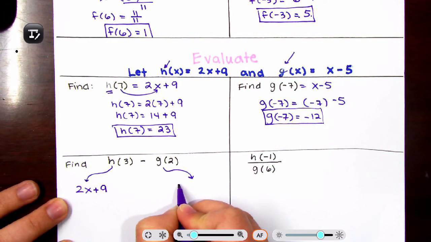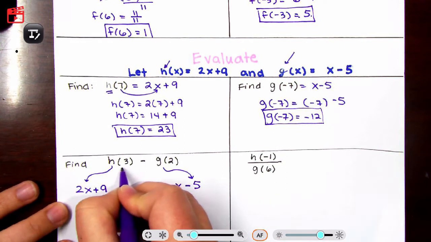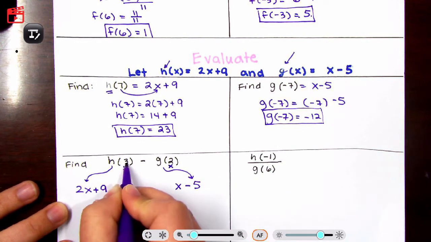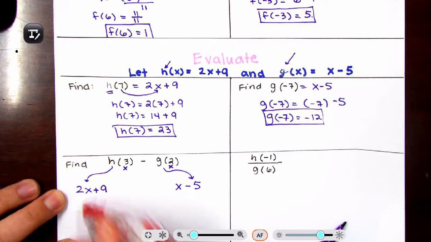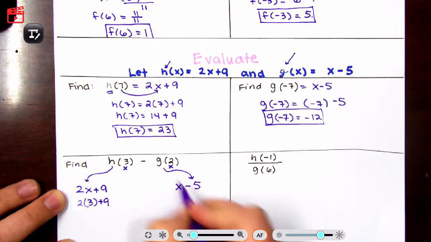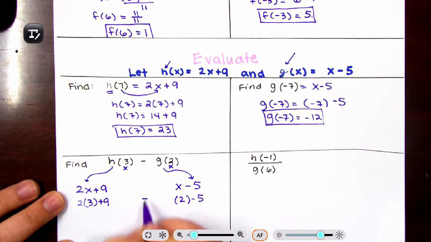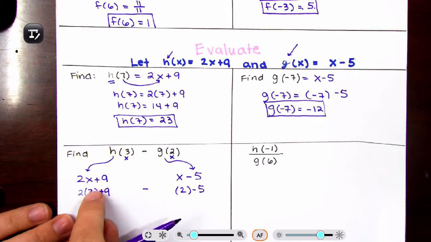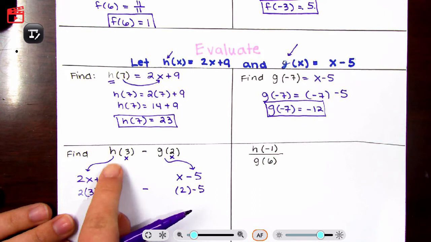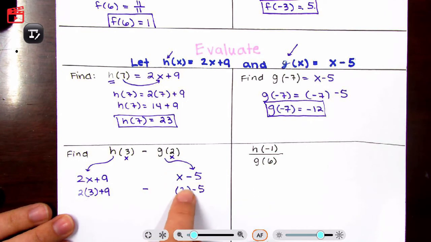And I'm going to rewrite g, which is x minus 5. x is 3 for our h equation, and x is 2 for our g equation.